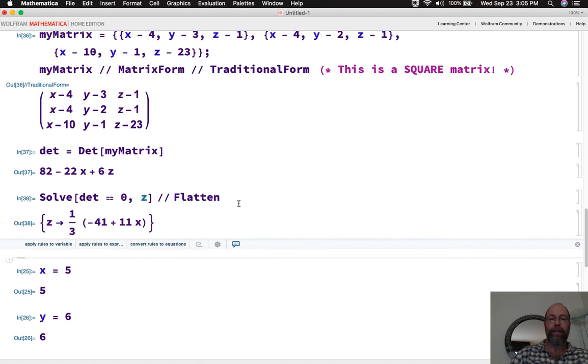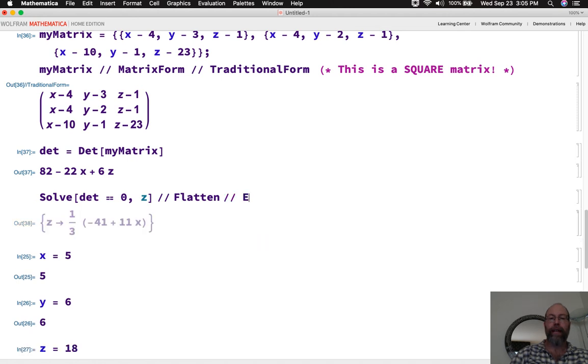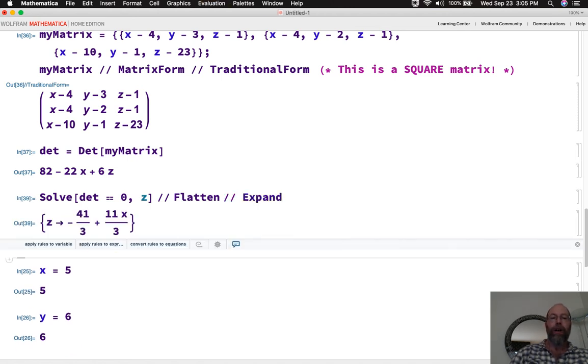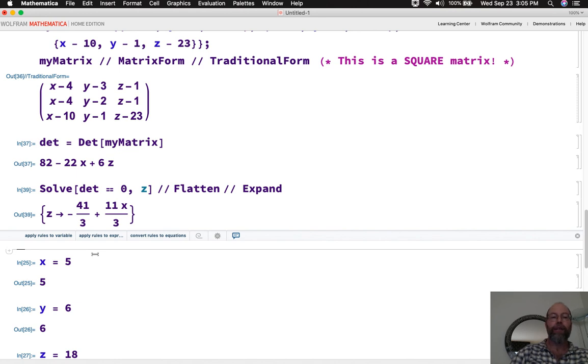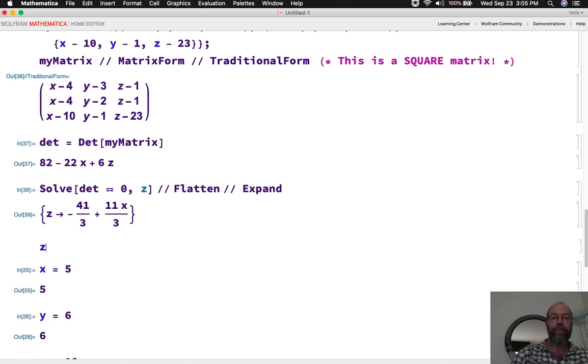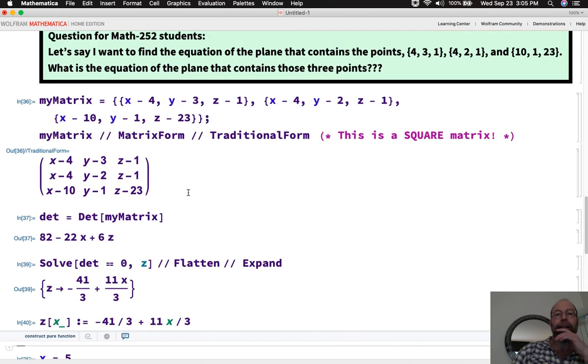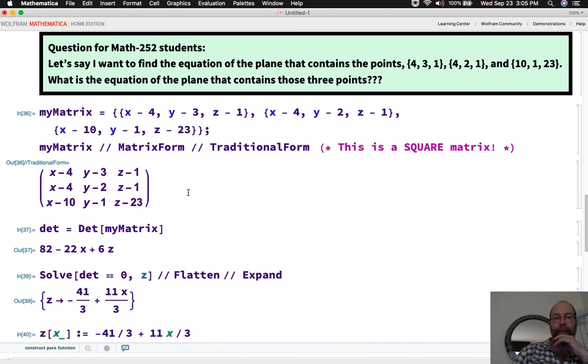And let's do a little algebra on that. Expand. Okay, so I can see here that z of x is equal to negative 41 over 3 plus 11 times x over 3. Now, y got thrown away.